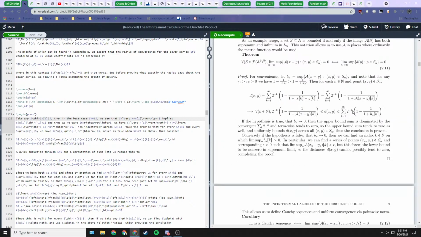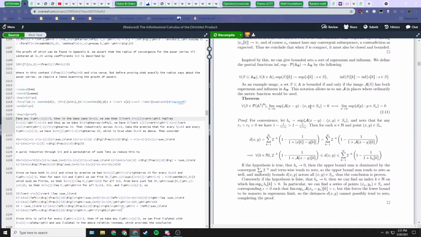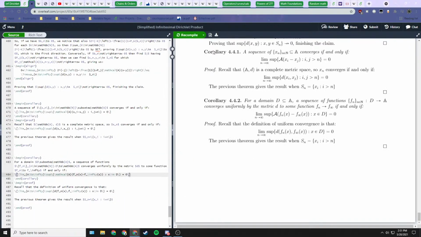Hold on, it's really similar. Oh, okay, it's ordered pairs. We did sets of ordered pairs, S_n. Okay, let's rewrite it for that.